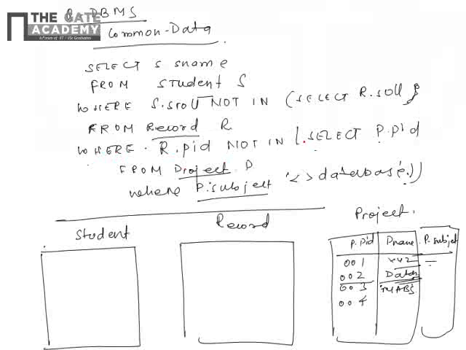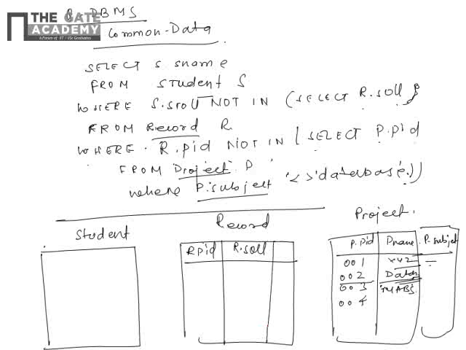Now the second query: select R.Sroll number from Record R where R.Pid not in the previous result. R.Pid will be there, then there will be R.Sroll number.